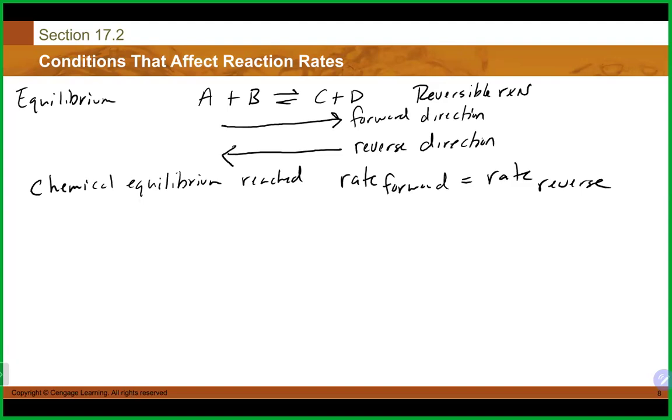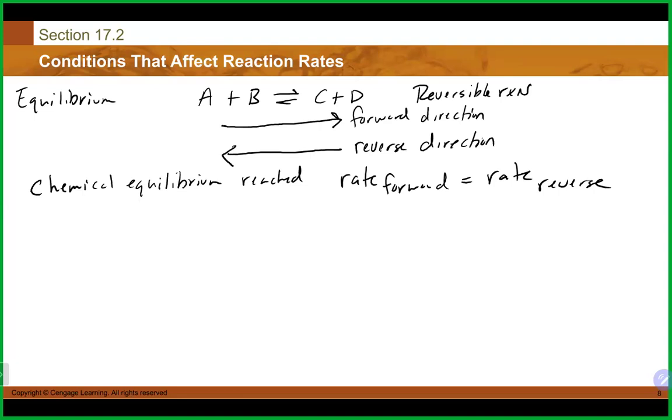So just as fast as the reactants make products, those products will recombine and go back the other way and make reactants. So it's going back and forth, the forward direction and the reverse direction, at the same rate. So what does that do to everybody's concentrations or even pressures?